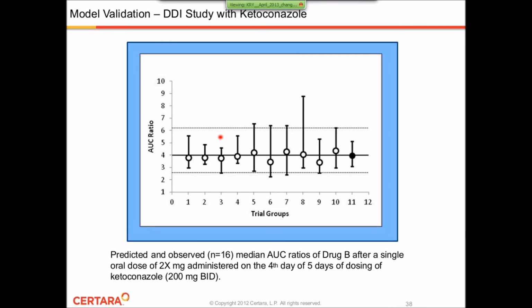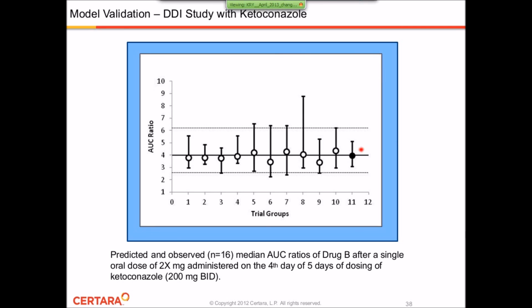So what I'm showing you here is the variability, because as I mentioned to you, what we're interested in is not only predicting the mean or the median, but also predicting what we may see. So we simulate all of these different individuals, randomly assign them to trials of 16 individuals, which is the number that was actually used in the clinical study.